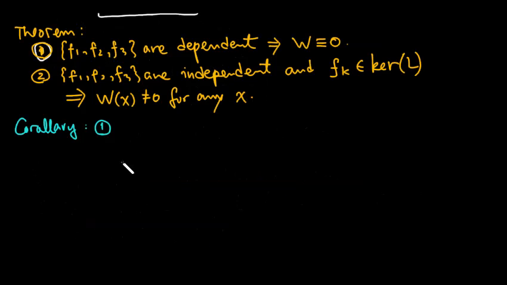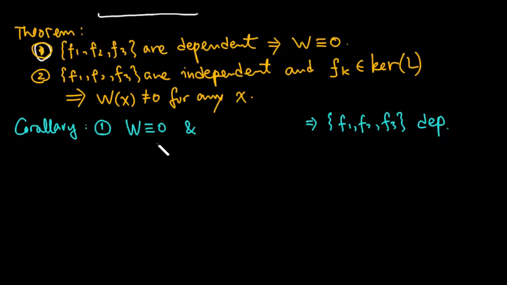So the contrapositive statement goes like this. If the Wronskian you calculated is identically 0, then of course we want to conclude that the functions we're looking at, f1, f2, f3, are dependent. That's what we wanted to conclude. But just from the logic here, it is not sufficient, and we will discuss an example that this is not true.